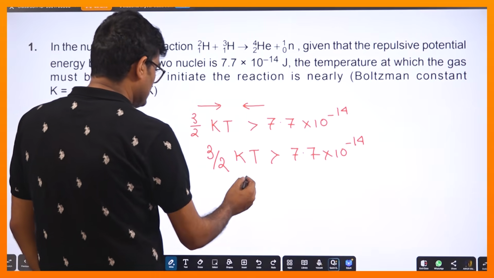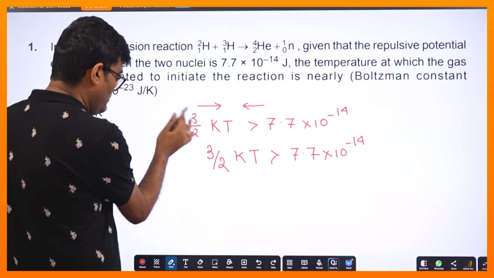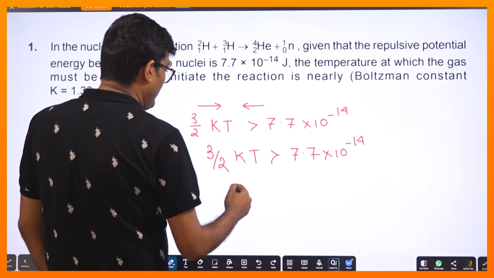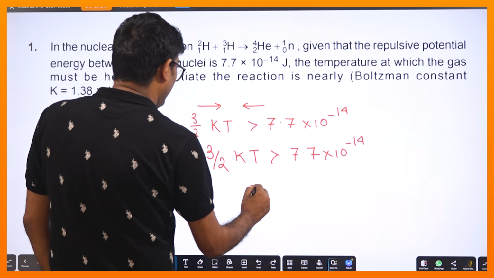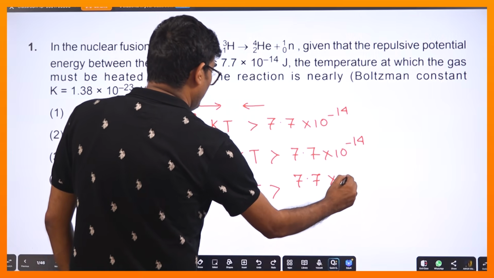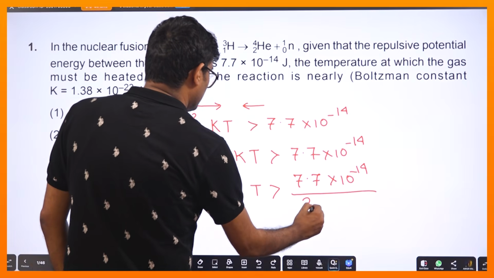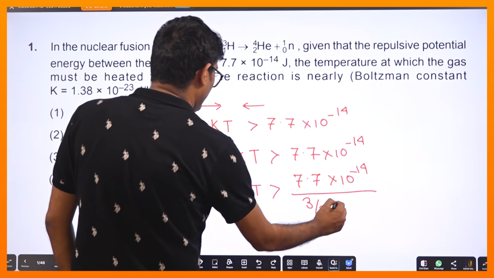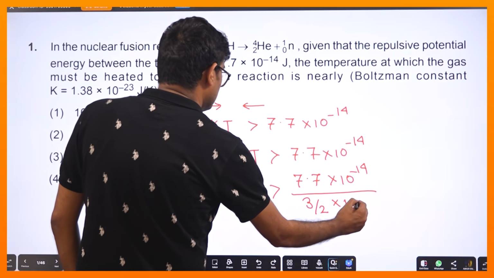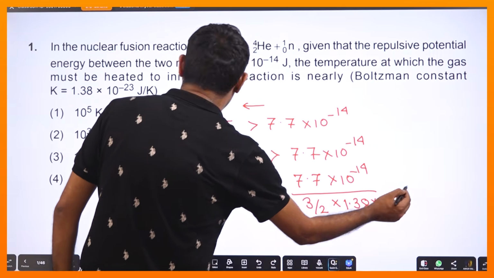Even if you ignore the 3 by 2, you can find the order. So the temperature should be greater than 7.7 into 10 power minus 14 divided by 1.5 into K. The value of K is 1.38 into 10 power minus 23.